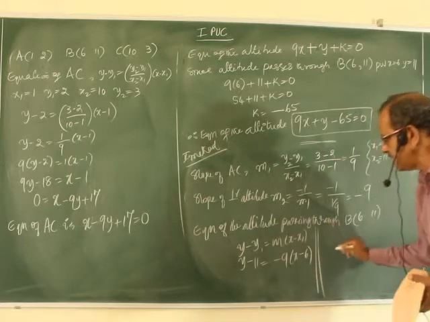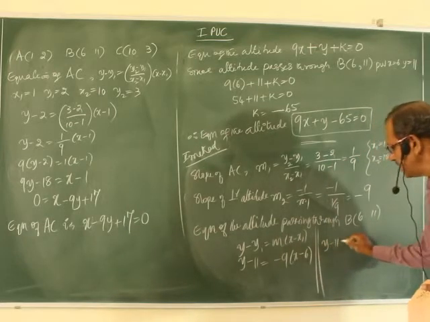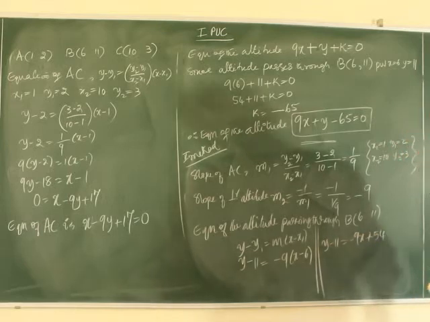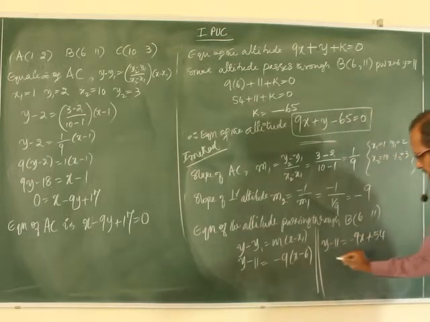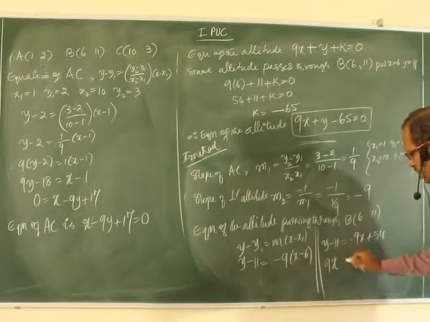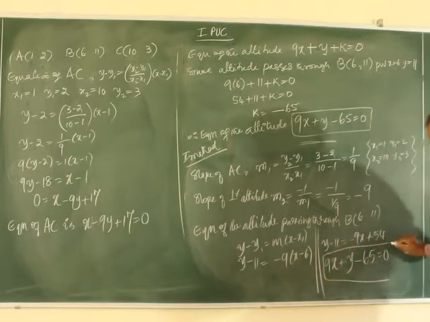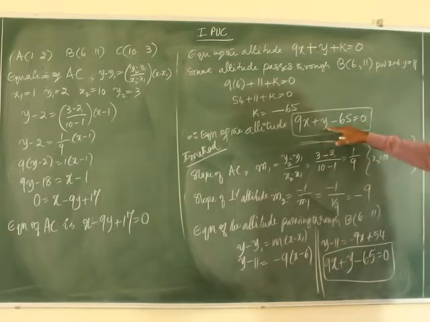Let me simplify: y minus 11 equal to minus 9x plus 54. Bring all the terms to the same side: 9x plus y minus 11 minus 54, that is 9x plus y minus 65 equal to 0.